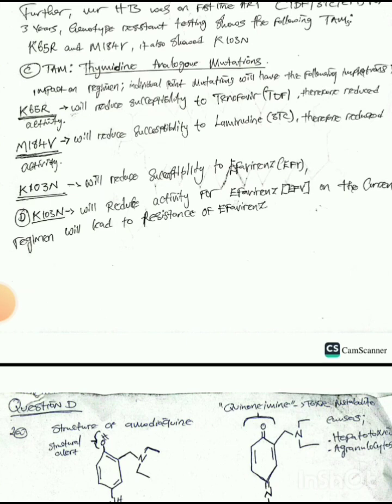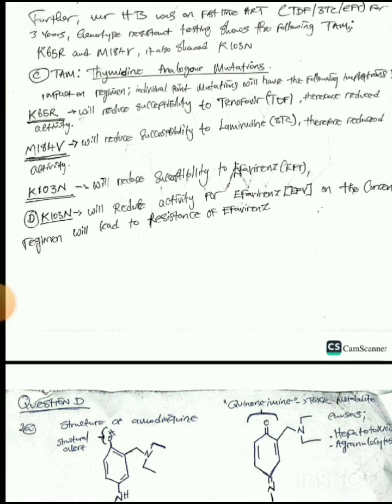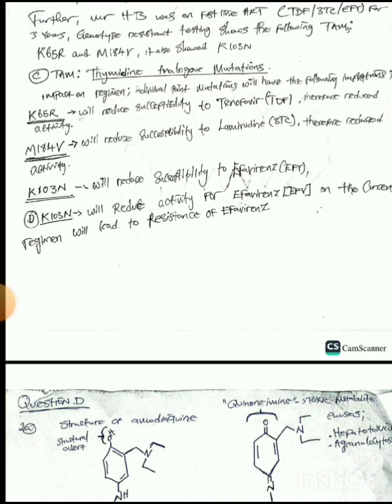Then they want to see the impact that the thymidine analog mutations have on Mr. HB's regimen. The individual point mutations will have the following implications. The K65R mutation will reduce susceptibility of the reverse transcriptase enzyme to tenofovir, or TDF, in the above regimen.